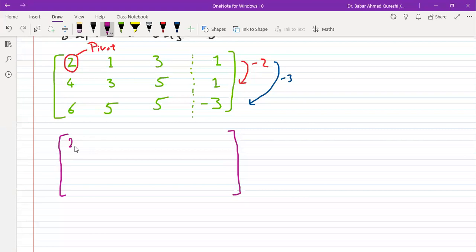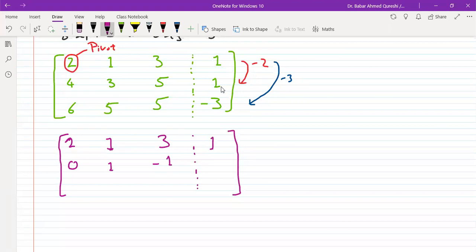So since we are not adding anything to the first row, that remains the same. Over here, this is a 2. I get a 0. -2, because I'm multiplying this with -2, adding it to 3. -2 plus 3, I get a 1. And -6 plus 5, I get a -1.